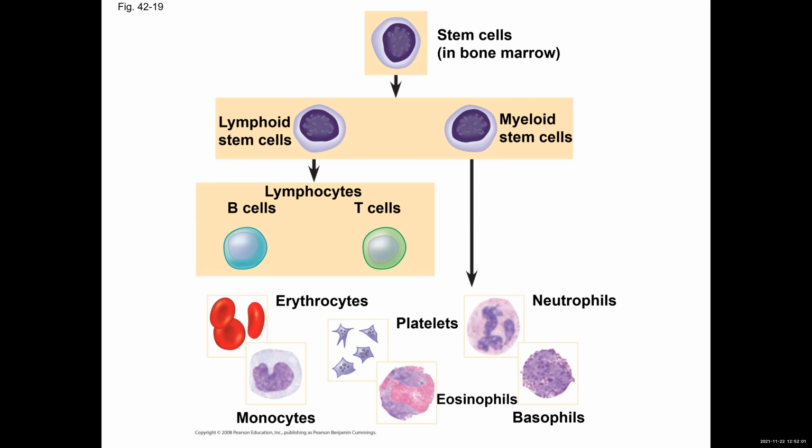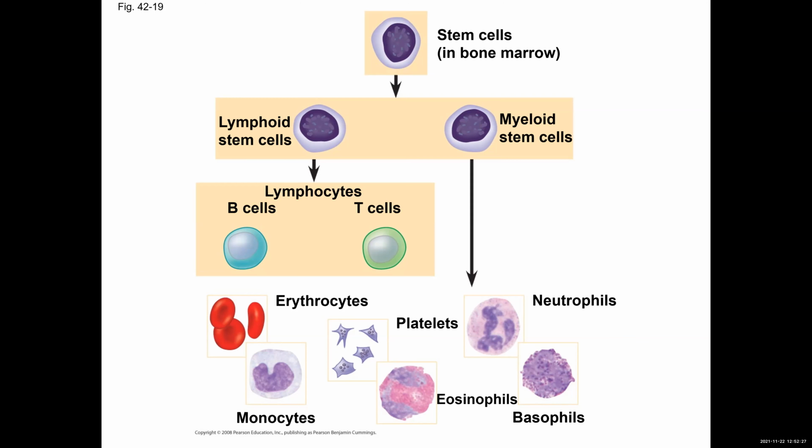Something unique about our circulating blood cells is that we continue to generate them throughout our lives. They come from stem cells in the bone marrow. Stem cells in the bone marrow are able to create two different kinds of cells. The lymphocytes are part of our immune system, being T cells, a special kind of white blood cell. The myeloid stem cells are going to generate all of the other kinds.